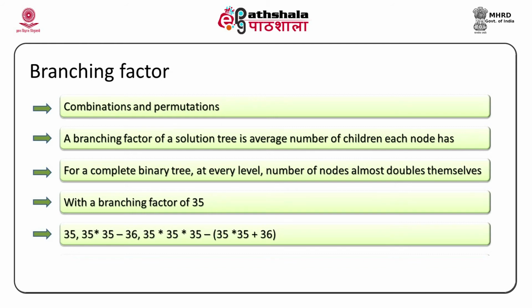Next level is 35 into 35 into 35 minus whatever you have explored so far, that many huge number of nodes. So for example, you are exploring chess and after 6 levels you cannot explore 7, it is too much for you and you choose one node.